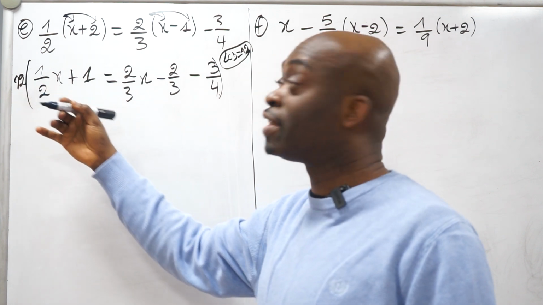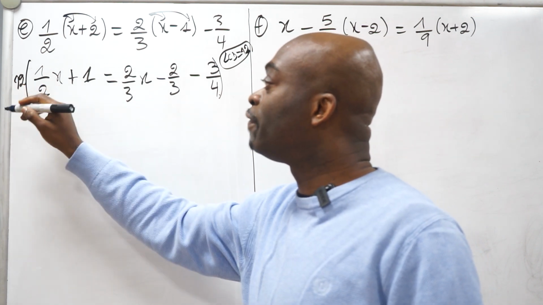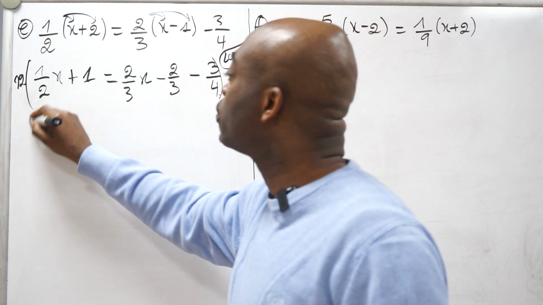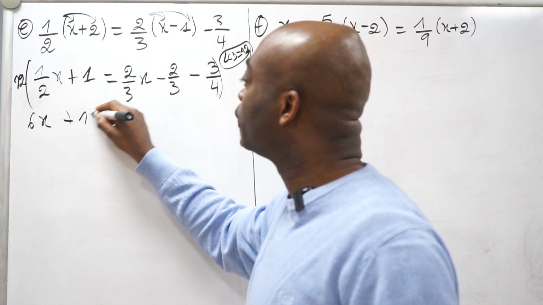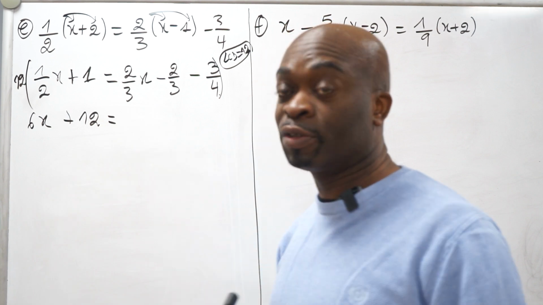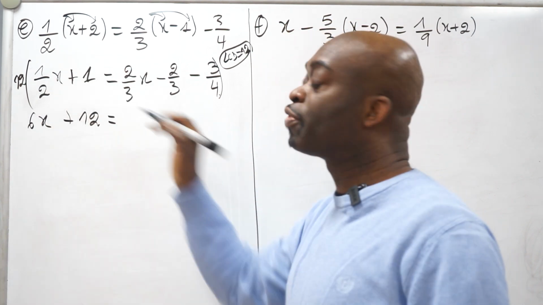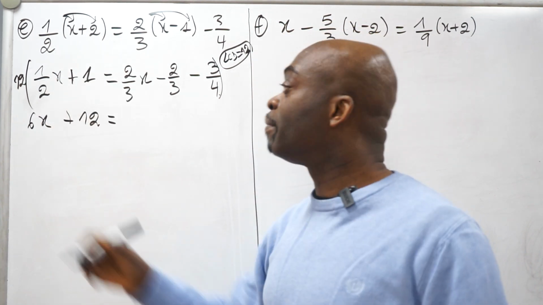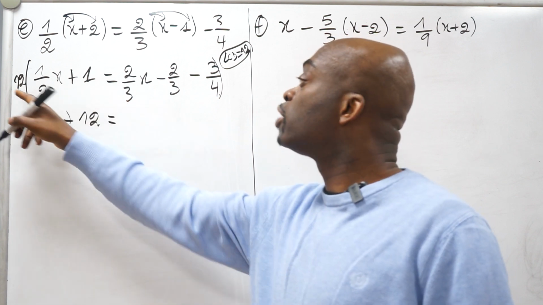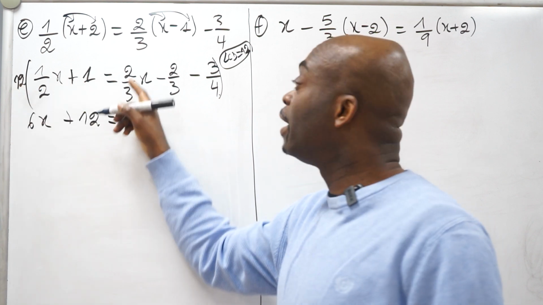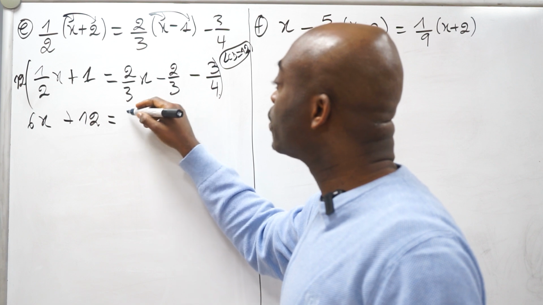A half of 12 is 6, or you just do 12 divided by 2, which is 6. So you end up with 6x plus 12 times 1 is 12, equals, so 12 times 2/3. How do you deal with that? By taking the 12 and dividing by 3 first. That's easier. So 12 divided by 3 is 4, and 4 times 2 is going to give you 8.